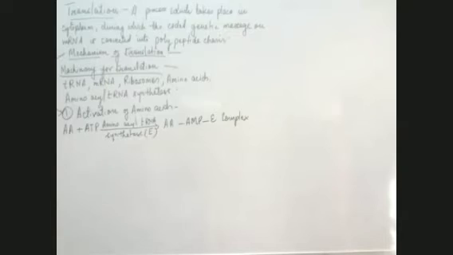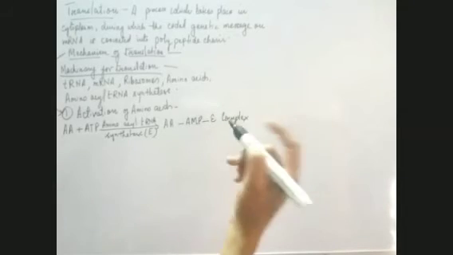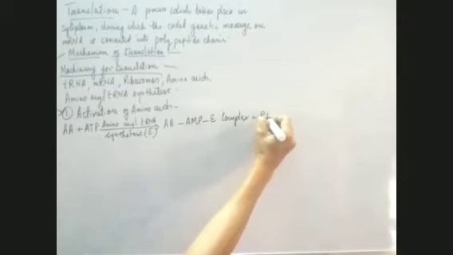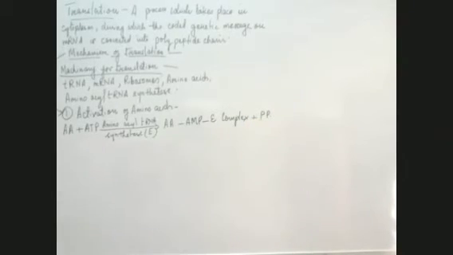This was triphosphate, and we are getting monophosphate here with the release of energy. So along with this, pyrophosphate is formed, which we can write as PP. So this is what happens during the activation of an amino acid.